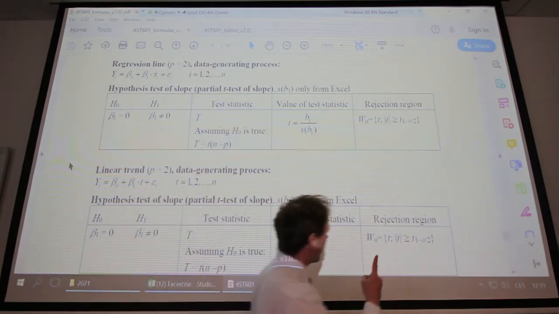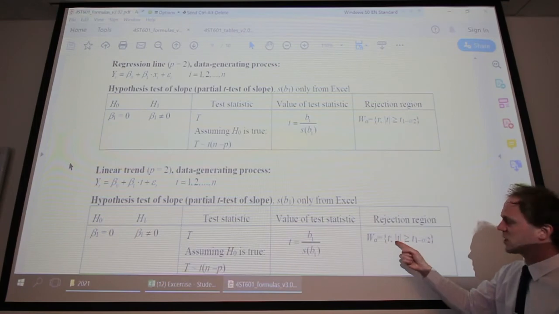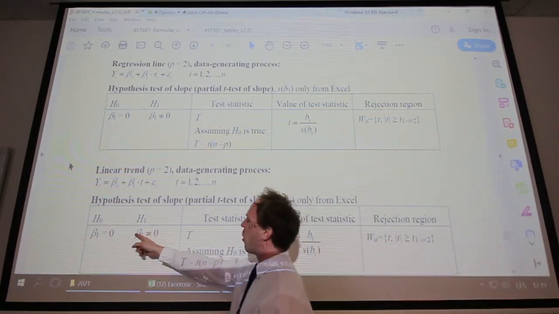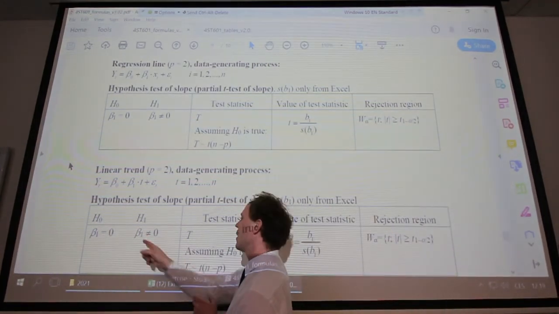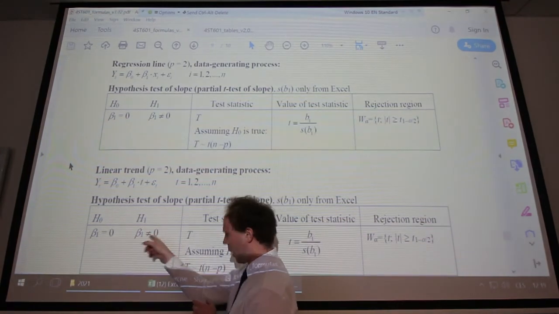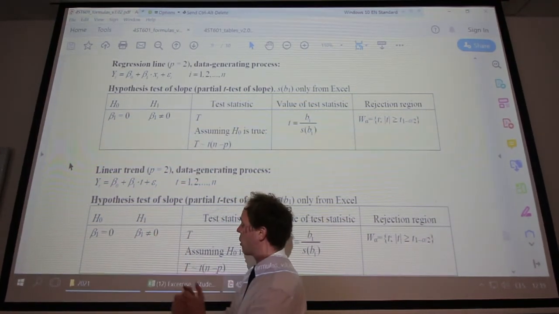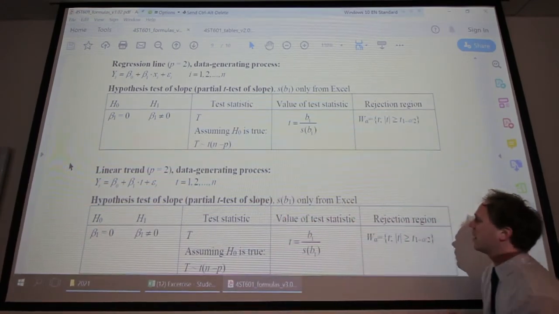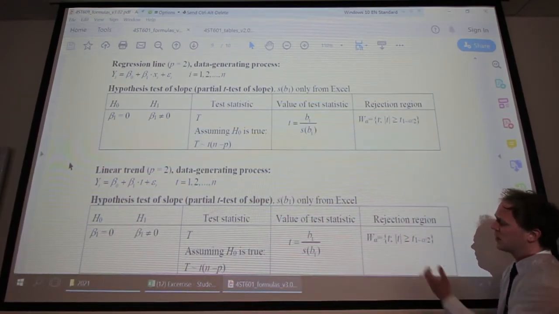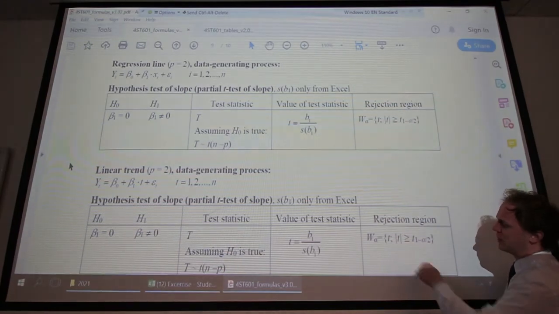And finally, because we are using a both-sided alternative, higher or smaller, not equal, higher than 0 or smaller than 0, so a two-sided alternative, there is the absolute value of the t-test.